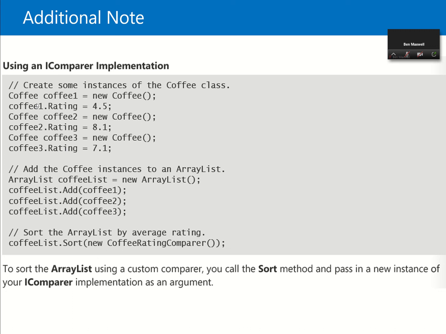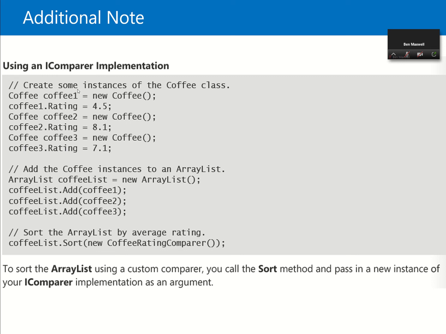You declare coffee 1 and instantiate it with the coffee class or structure, new coffee. Based on the previous example, I assume this coffee is a class. Coffee 1 dot rating is 1.5, coffee 2 dot rating is 0.1, and coffee 3 dot rating is 7.1.